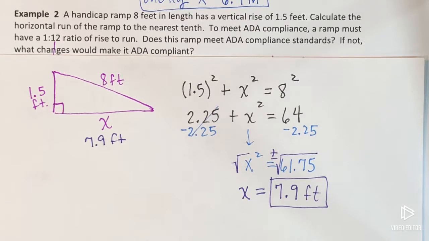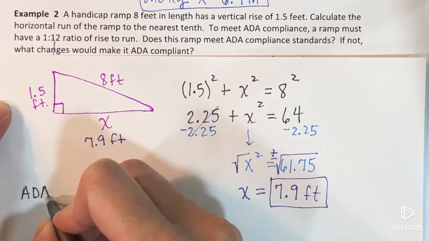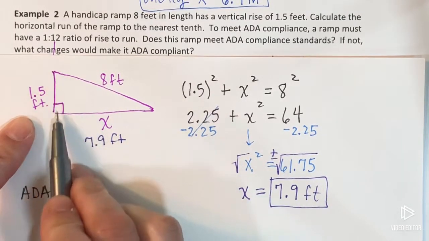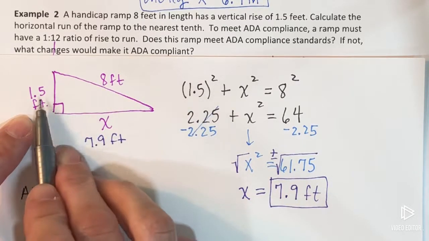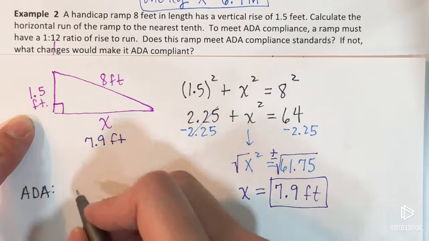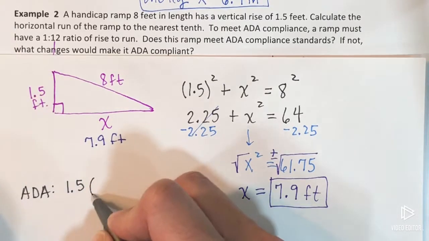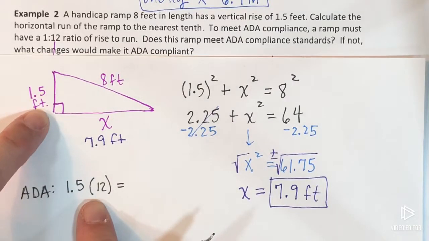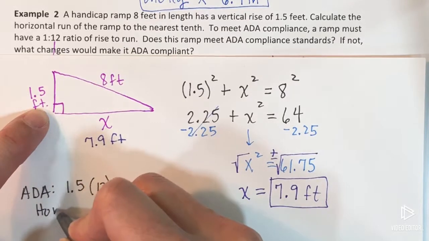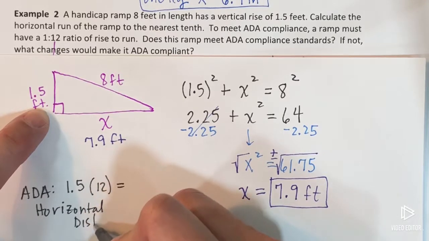Let's go back and look at ADA compliance. So for this particular ramp to meet ADA compliance, if I have 1.5 feet in rise, I have to have 12 feet in run for every foot in rise. So I'm going to take my vertical, 1.5 feet high, and I'm going to multiply that by 12. And if this ramp is going to be ADA compliant, whatever I get when I multiply that by 12 should be my horizontal distance to make it safe.